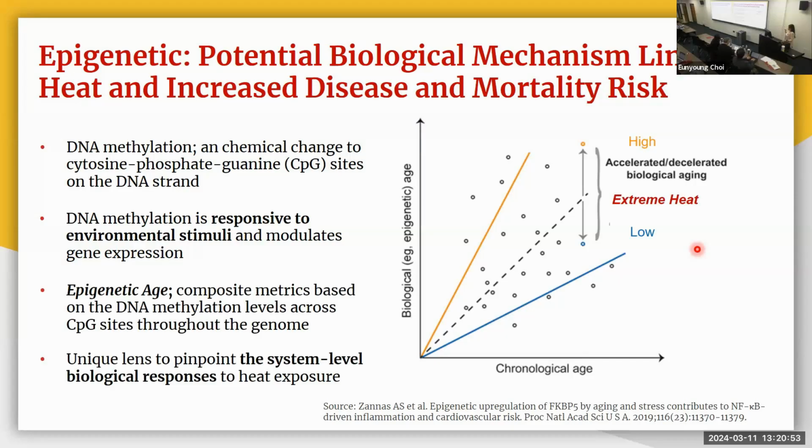The x-axis represents chronological age, and the y-axis is epigenetic age. The orange line represents high exposure to extreme heat. As we can see here, we hypothesize that when you're exposed to high levels of extreme heat, you would have faster epigenetic aging compared to your chronological age.